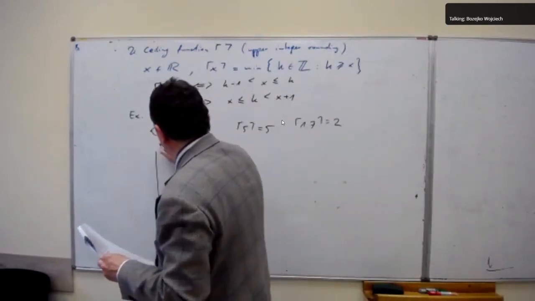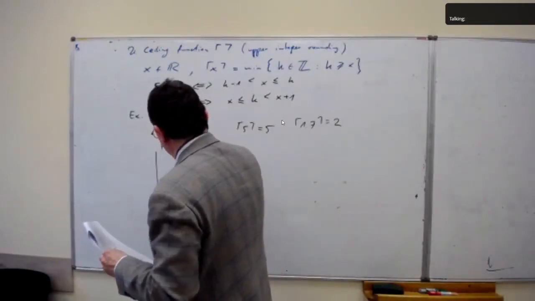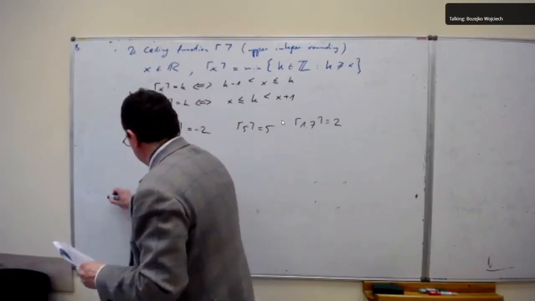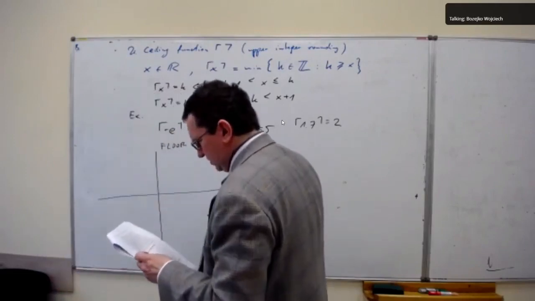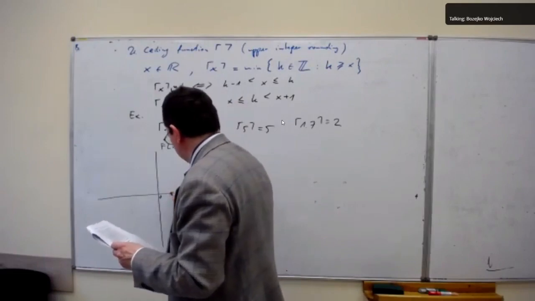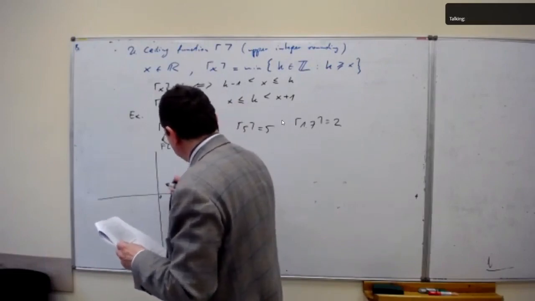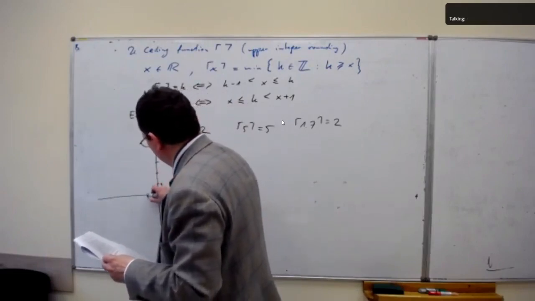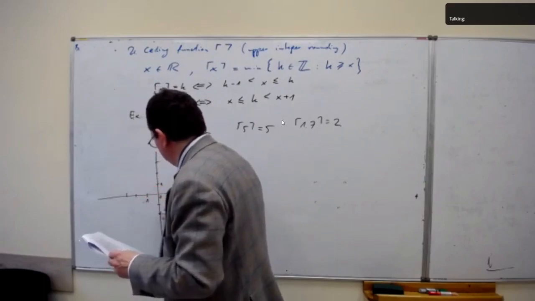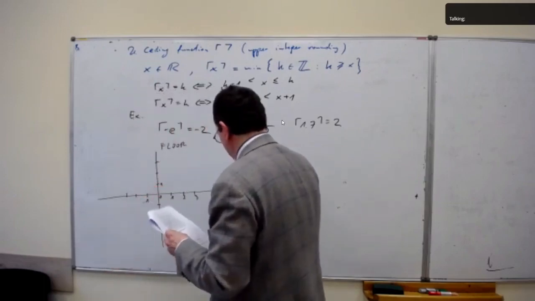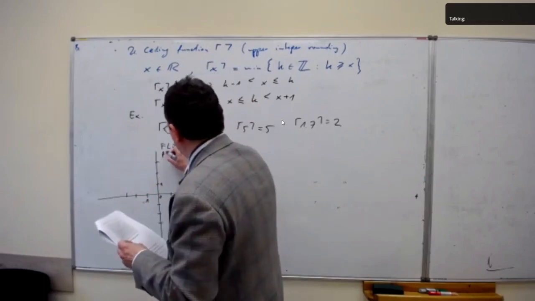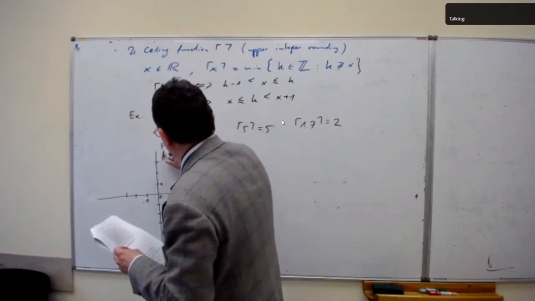To make a graph of it, it looks like this: 0, 1, 2. This will be floor of x.